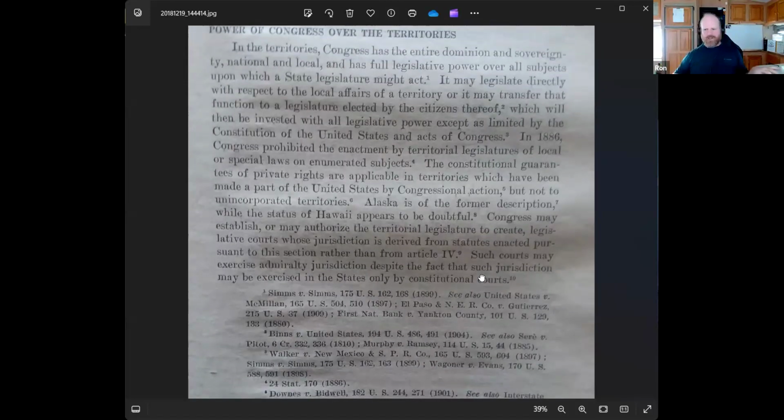All of the other land management agencies route through the Department of the Interior. Now they have a measure of independence for sure, but that's not what we're talking about here. We're talking about the hierarchical structure. It routes through the Department of the Interior. So we got a hold of their guidance documents.